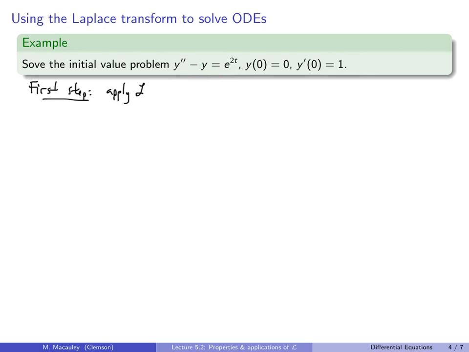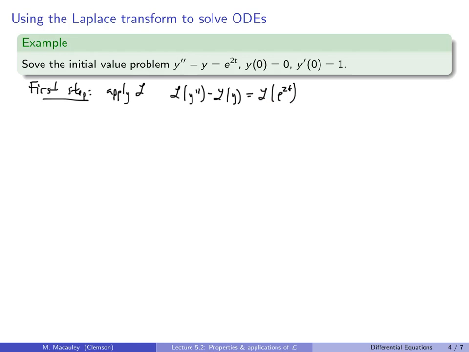The Laplace transform of y double prime minus the Laplace transform of y equals the Laplace transform of e to the 2t. Remember the Laplace transform is linear, so if the left-hand side equals the right-hand side, then L of the left-hand side equals L of the right-hand side.